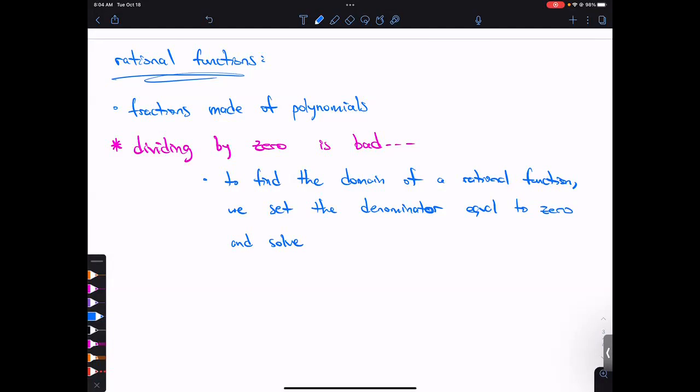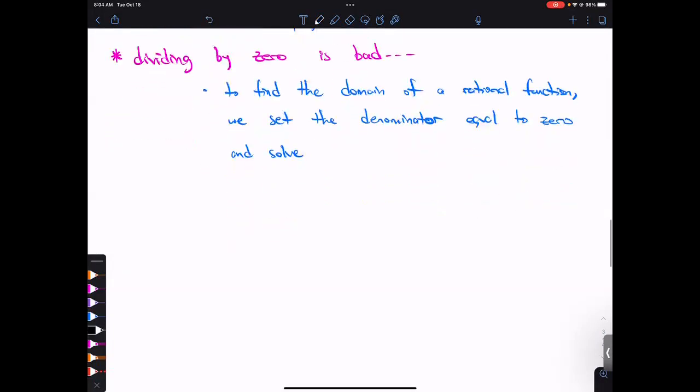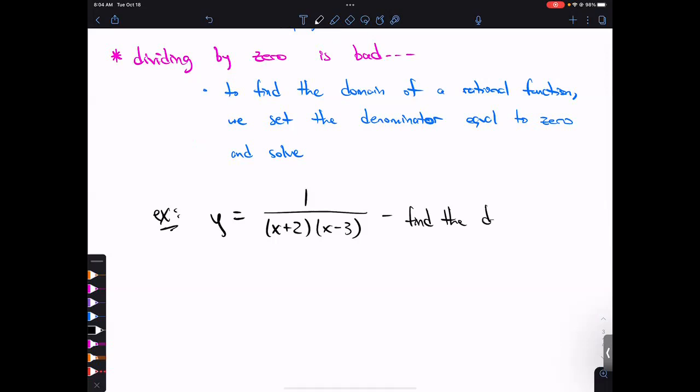So let's just look at a quick example. Say y equals 1 over x plus 2 times x minus 3, and I want to find the domain.